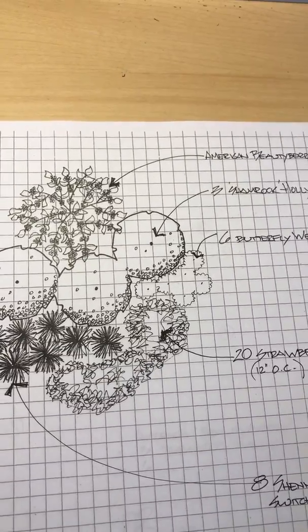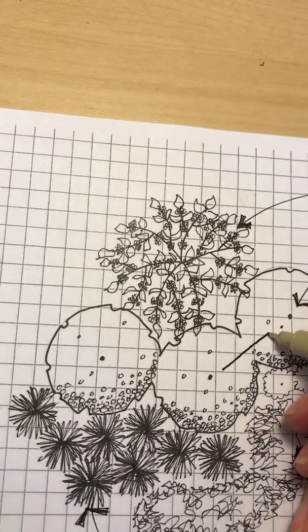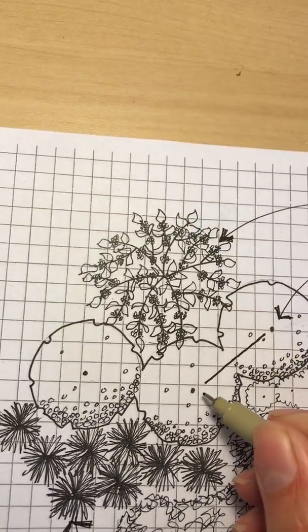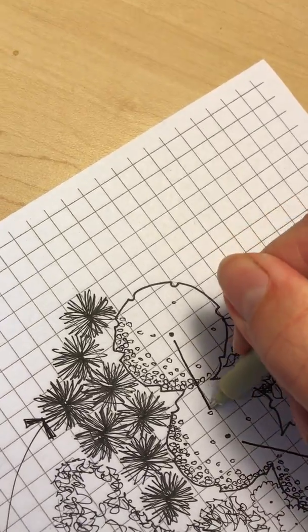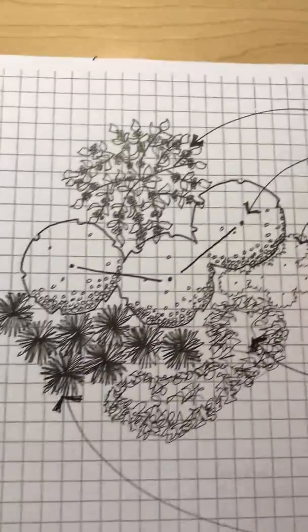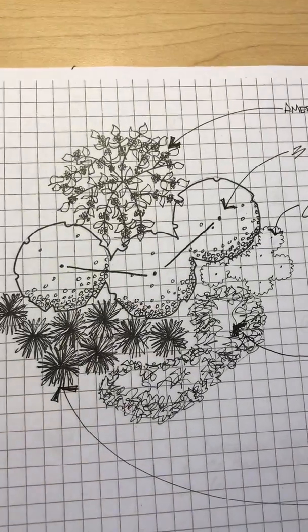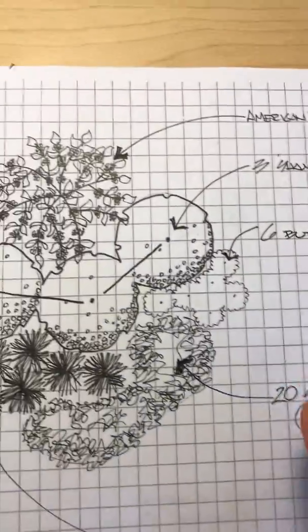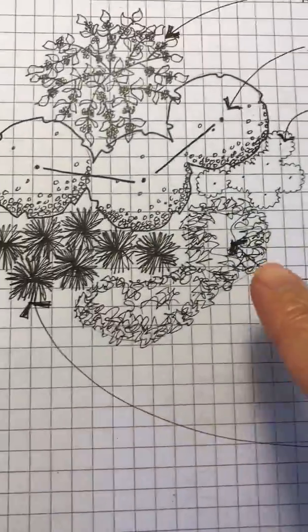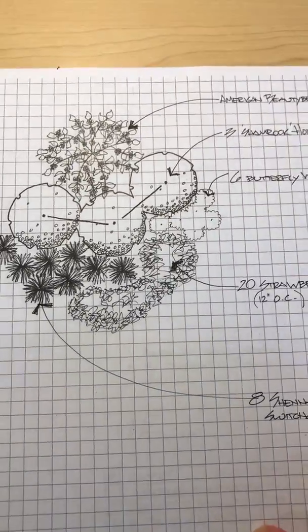If it wasn't clear, you could always connect those with another line, almost connecting dots to dots, but you leave a little bit of a gap, and that makes it easy to read. So you can always show a grouping this way, and that way there's no doubt that those 3 plants are the shamrock holly, right? So same thing, 6 butterfly weed, and you can just see that I've really changed up my leader lines. So that's another way.